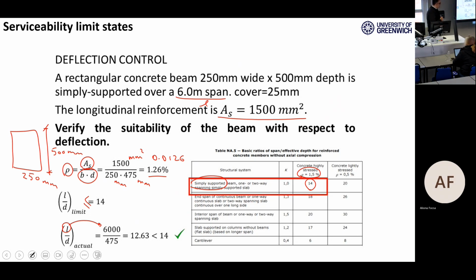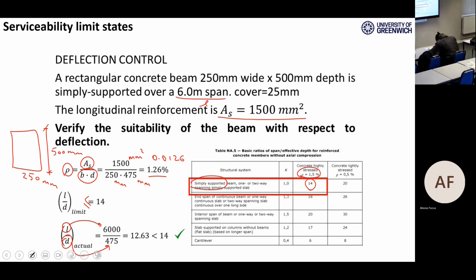And we have D, the effective depth, which is 475 millimeter in our case, which leads us to L over D equal to 12.63. And the limit is 14, so we are good, right? If we are less than 14, we are good. So the deflection is in the acceptable threshold.